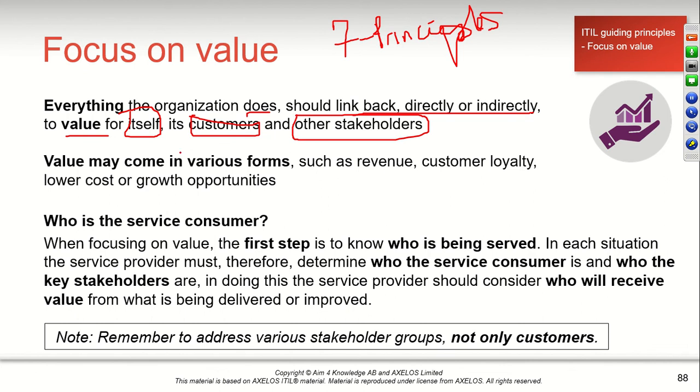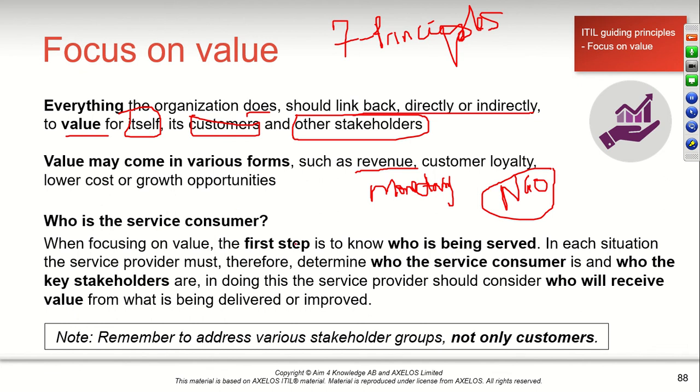Okay, value can come in various forms. Not all value is tied to money. It is not all monetary value. Like when you talk about an NGO, a non-governmental organization, their value is not always in monetary terms.